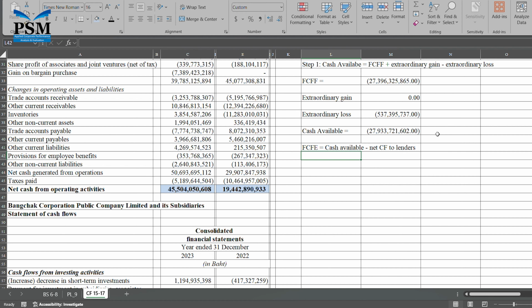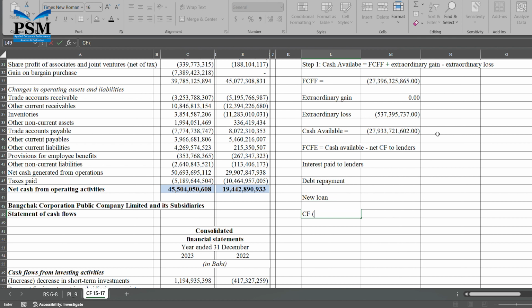Now we have to separately calculate the net cash flow to lenders. That will include the interest income, interest paid to lenders, and debt repayment, plus any new loan.